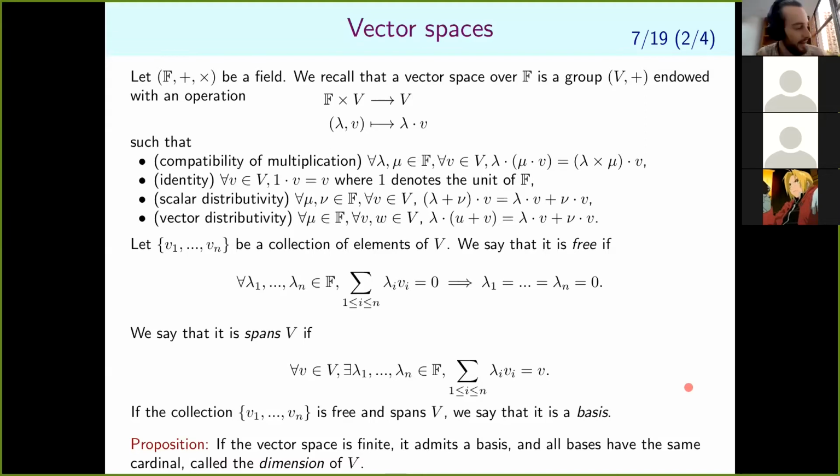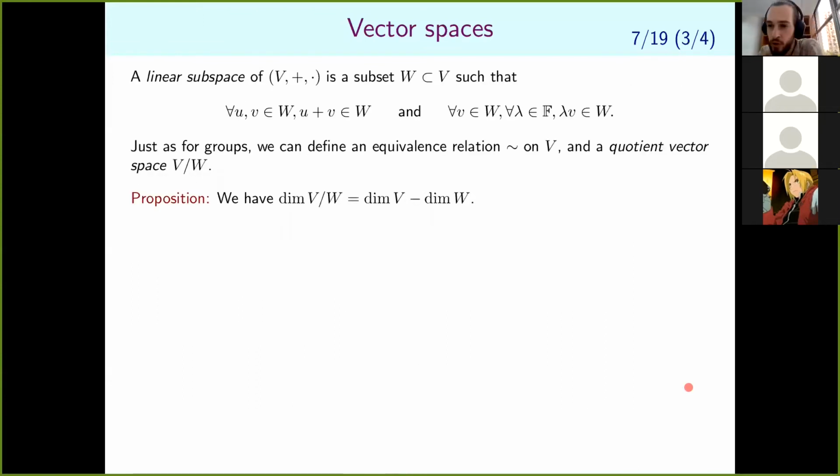All right. This is almost the end of the reminder. We now will define quotient vector spaces. Don't be afraid, this is exactly the same as quotient groups. First, we define a linear subspace of a vector space as a subset W that satisfies two conditions.